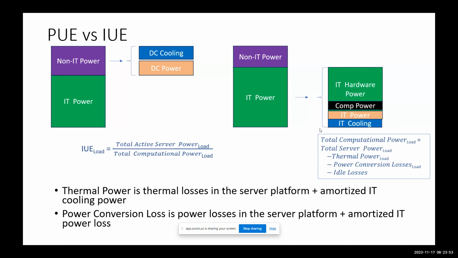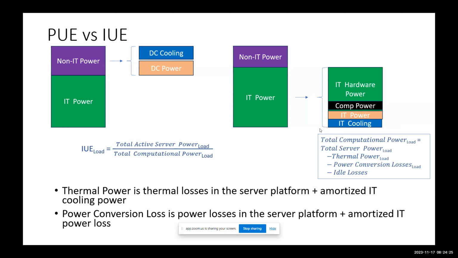Yes. Sorry, Mohan, one question. I joined in the middle while you were describing something, but you were mentioning that we want to say IUE at idle is not defined. Why are we saying that is not defined? Why won't that just be, active server power is 0, total computational power is not?